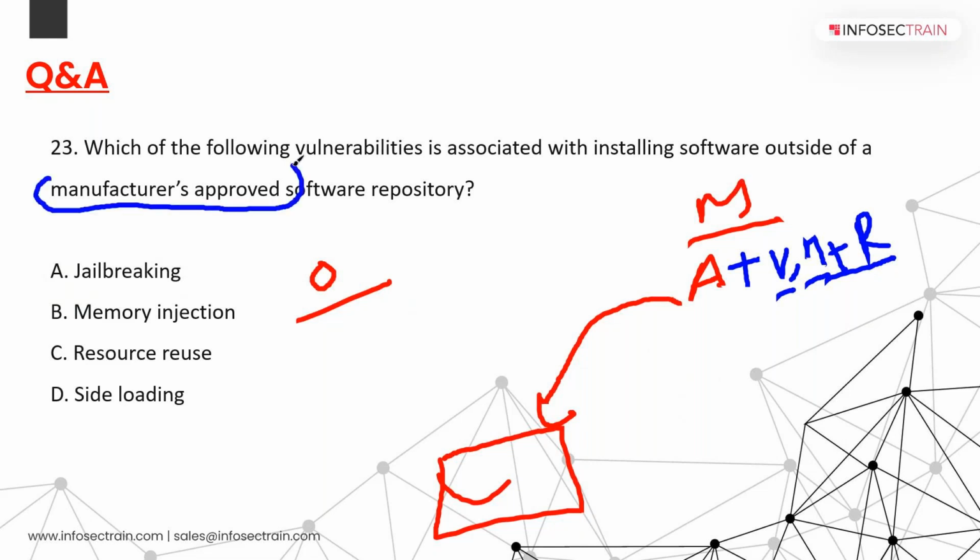The manufacturer has not approved it. But because you are installing it from a malicious website, and as we say in English, there is no free lunch. Why would a website or a Telegram channel provide you a cracked version of a software which would normally cost you $500?